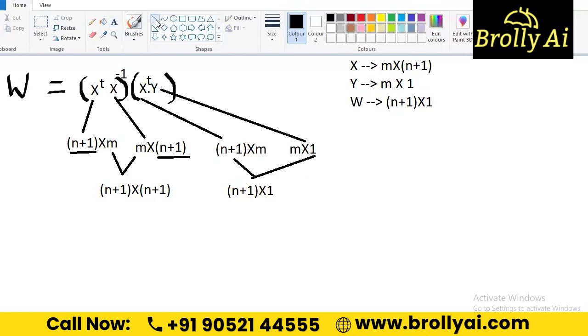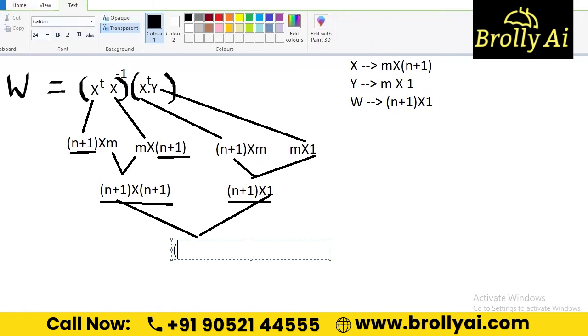So this is the result of the left side expression, and this is the result of the right side expression. Here also to apply these two matrix multiplications, number of columns and number of rows match. Now the final result is n plus 1 by 1. Same thing we got right here. So that means this formula is correct.